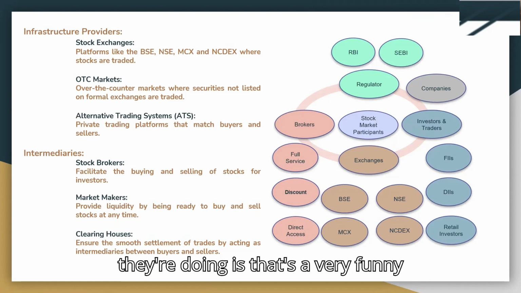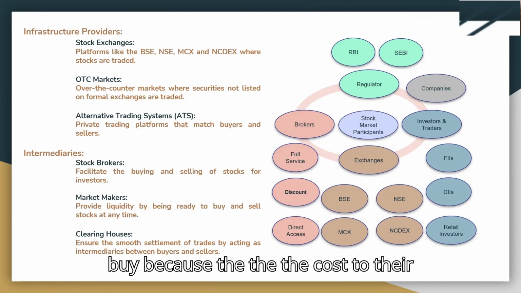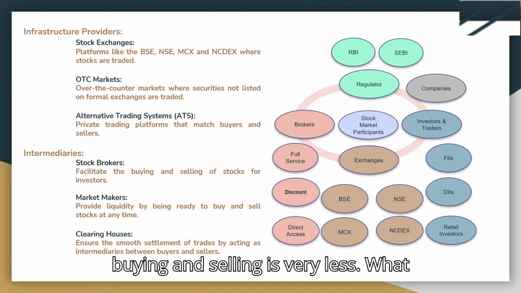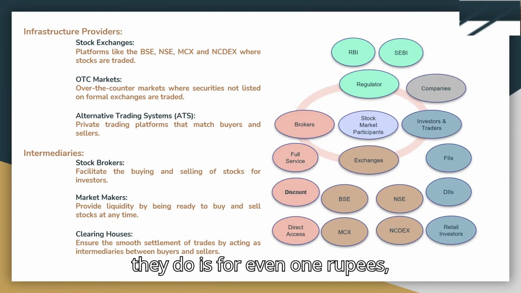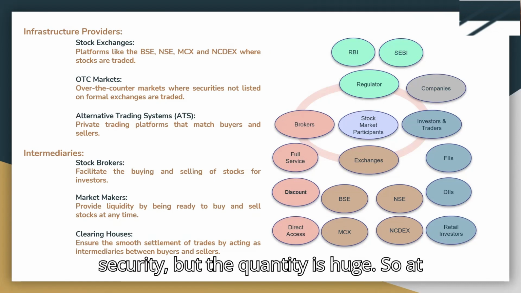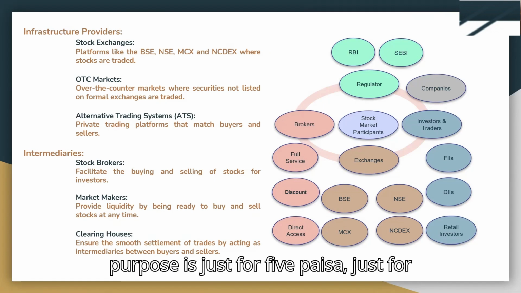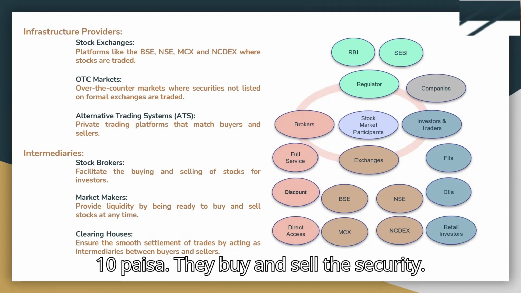What they're doing is a very funny thing also. The cost of their buying and selling is very less. For even 1 rupee, for even 10 paisa, they buy and sell the security, but the quantity is huge. So at the end of the day, they make a lot of money. That's the market maker. Their purpose is just for 5 paisa, just for 10 paisa, they buy and sell the security.